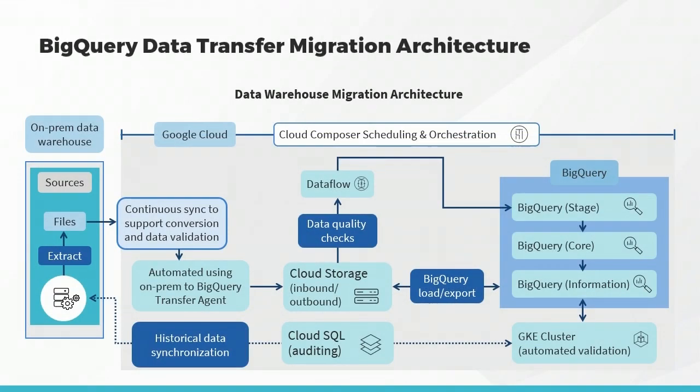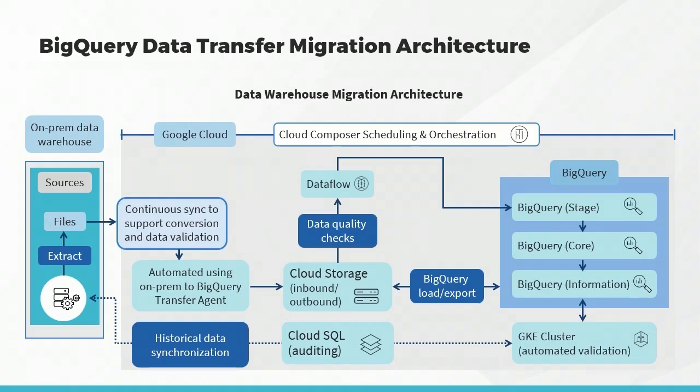Here's a little bit of what the BigQuery data transfer migration architecture will look like. We start with an on-premises data warehouse, and there are some files and some sources that we need to identify. We'll take some of those files from our on-premises data warehouse, and we'll continuously sync them to support various conversions and data validation steps.